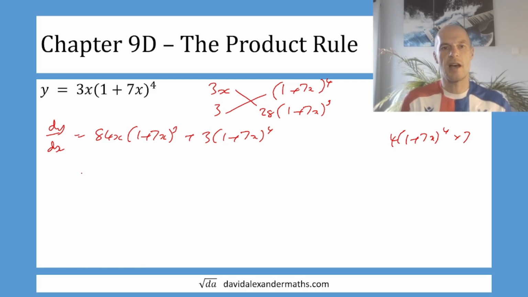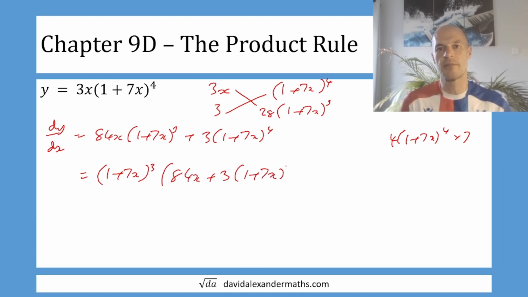Now we could factor out. We can see we've got a (1 plus 7x) and another (1 plus 7x) here. So we can factor out the lower power, so that's (1 plus 7x) cubed. That will come out the front, leaving 84x plus 3 lots of (1 plus 7x).